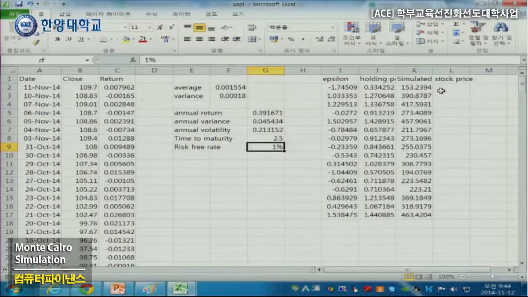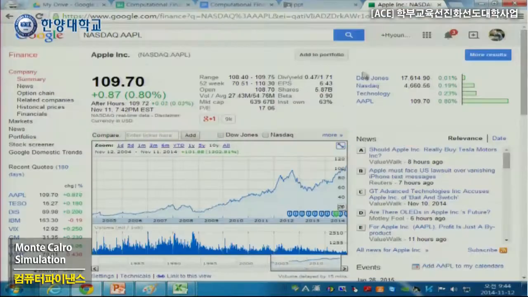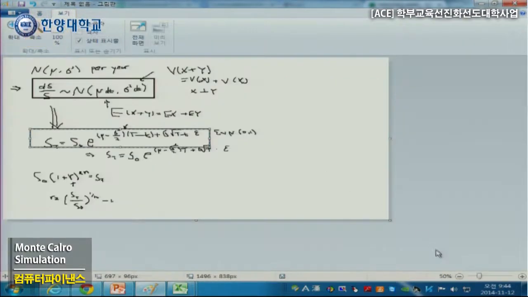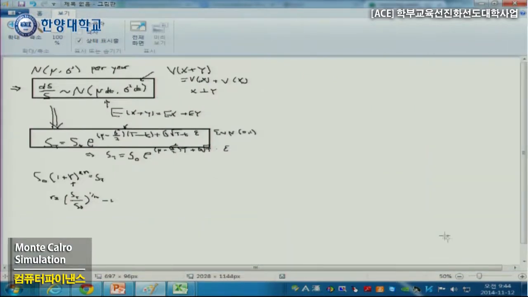And now we want to do the derivative pricing. As you know, our core approach of derivative pricing is risk-neutral valuation, right? To recall your memory, this is very important, the most important thing we learned this semester.